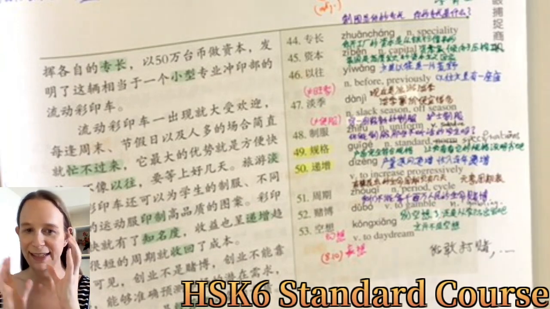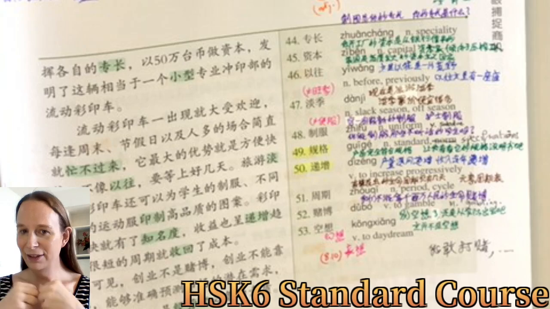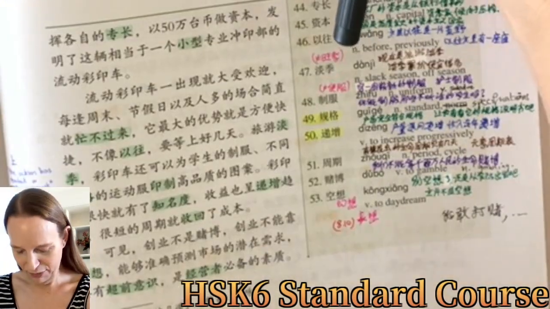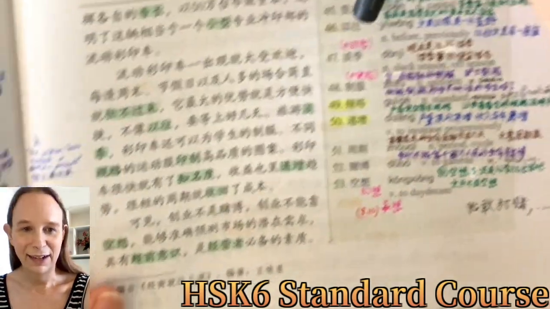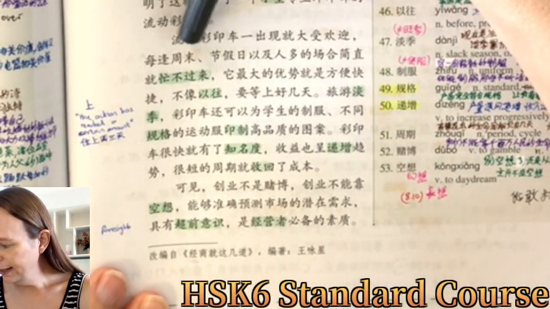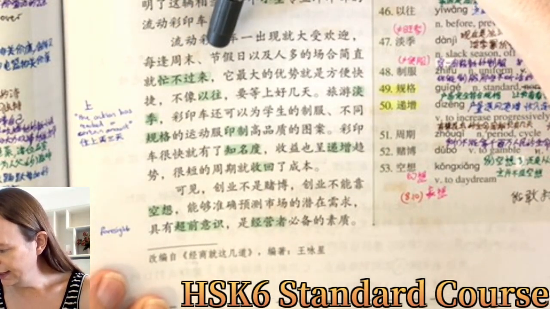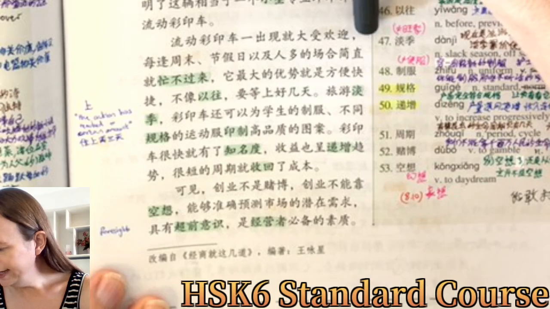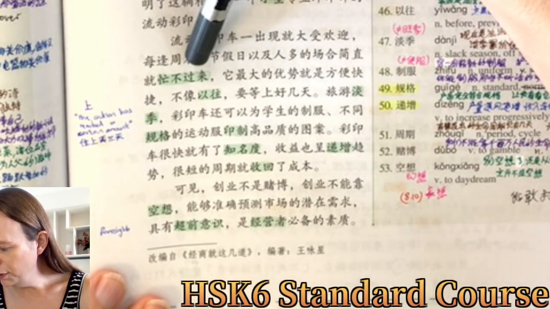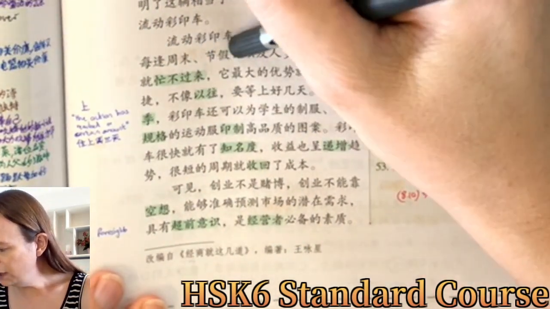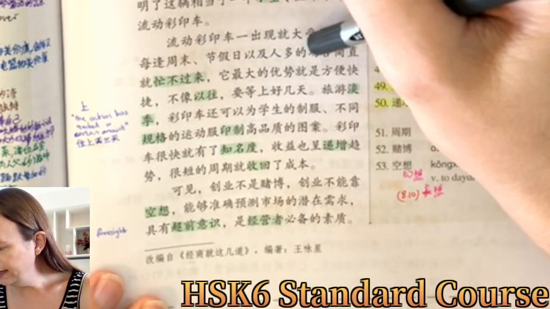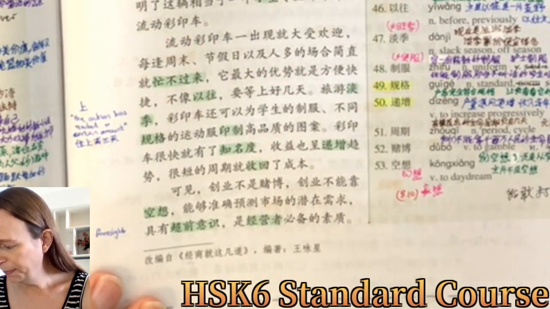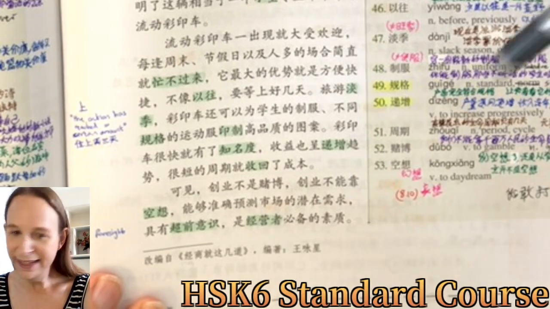So they designed a car, and in the car you can develop photographs instantly. Yeah, put it on print it out, or I don't know, put it on a T-shirt or something. 流动彩印车一出现就大受欢迎，每逢周末、节假日以及人多的场合，简直就忙不过来。I guess that just means very busy.